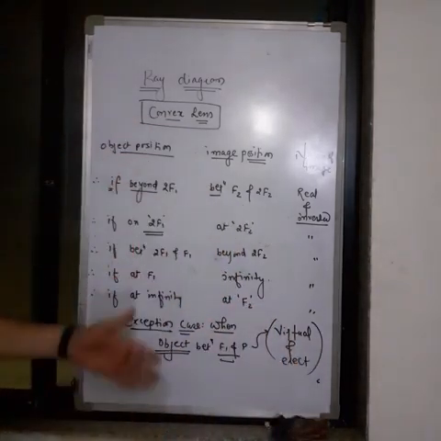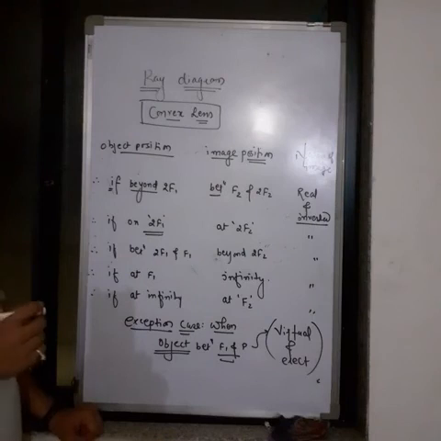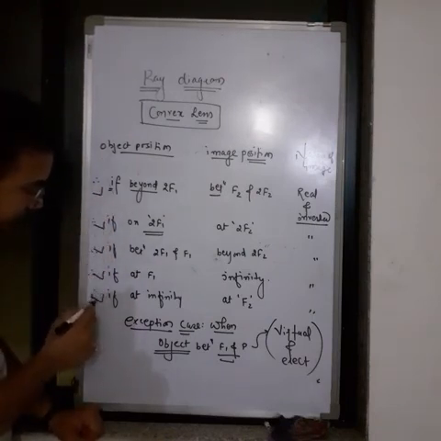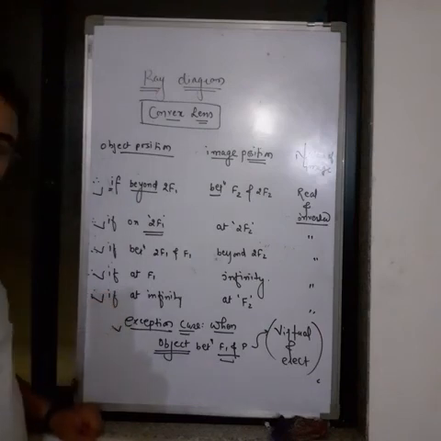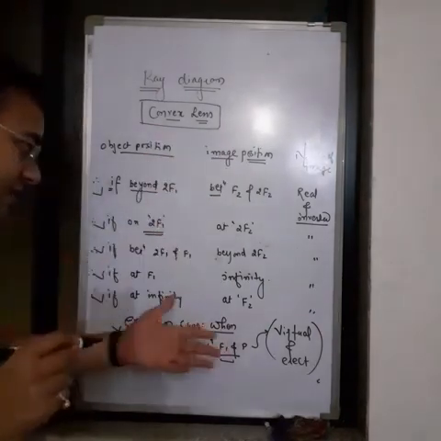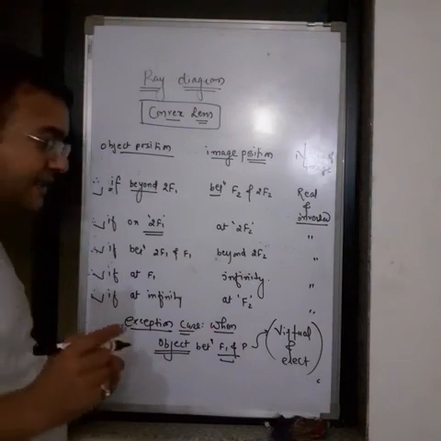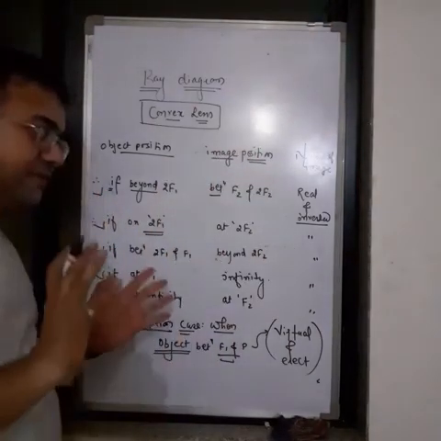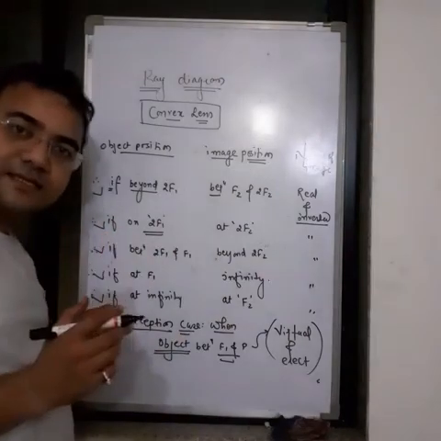So in this manner we can consider there are 6 different cases: first, second, third, fourth, fifth and sixth. Students, you have to practice all the ray diagrams with the help of a pencil and scale. I hope you go through it. If you have any doubts, then you can ask. Thank you.